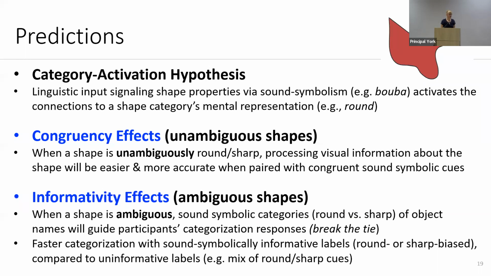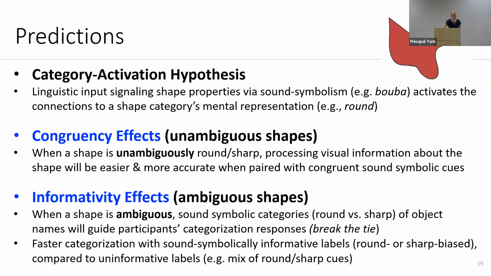The second prediction concerns ambiguous shapes, and these are informativity effects. If you see a shape that's ambiguous between round and sharp, then if you get a label, you can use the sound symbolic properties of that label to guide your categorization responses, if it's a binary categorization task.